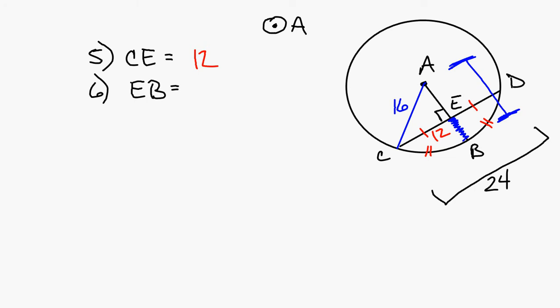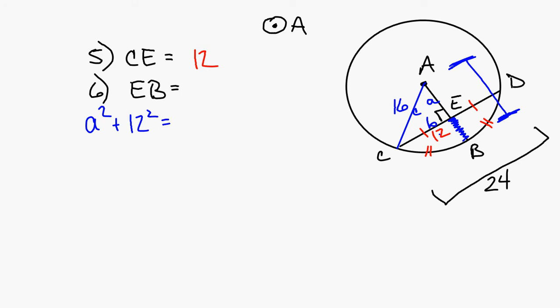So this is a right triangle in here. And you know the hypotenuse and one of the legs. So if you label those legs, you've got side A, side B, and side C. So if you use your Pythagorean Theorem, A squared plus B squared, which is 12, equals C squared, which is 16.